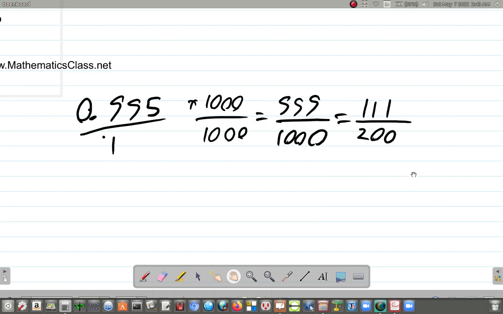So in this case, you can do an approximation and say since 111, you know it's a little bit more than 110, and it's a little bit more than 100.